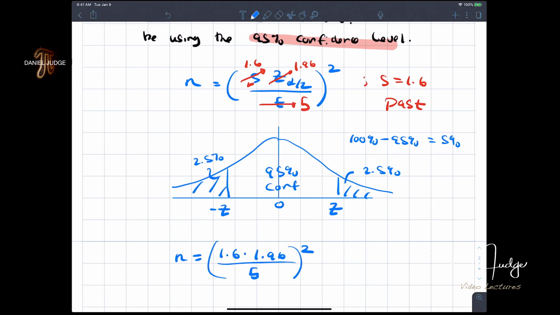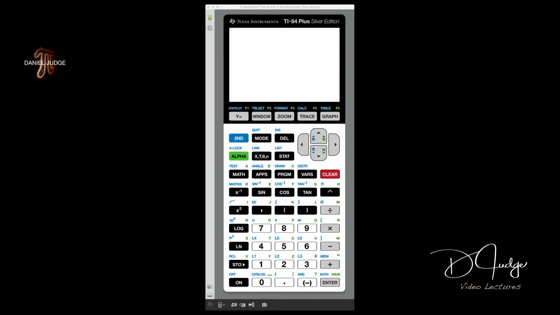So let's go to the TI. And you say, okay, TI, let's do our work here. Let's compute this. This is going to be parentheses 1.6 times 1.96 divided by 5. Close that and raise this to the second power. There we go.